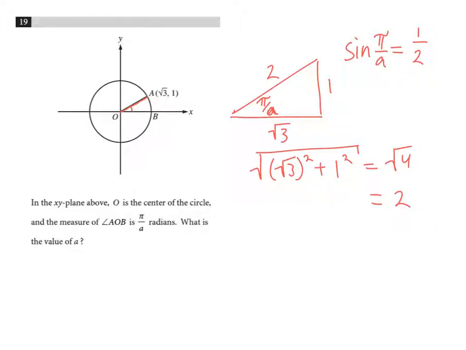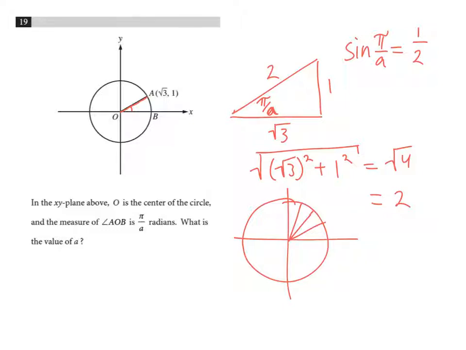Okay, so we need to think back to our unit circle, and our unit circle will show us the sine and cosine of different angle measures in radians or in degrees.